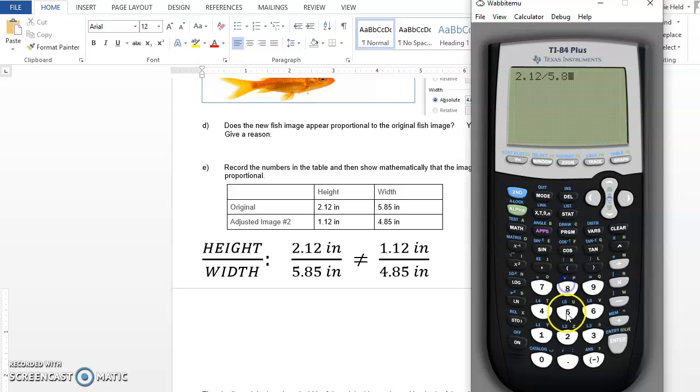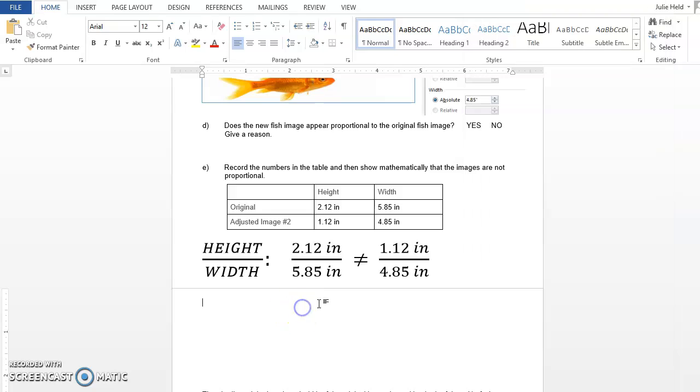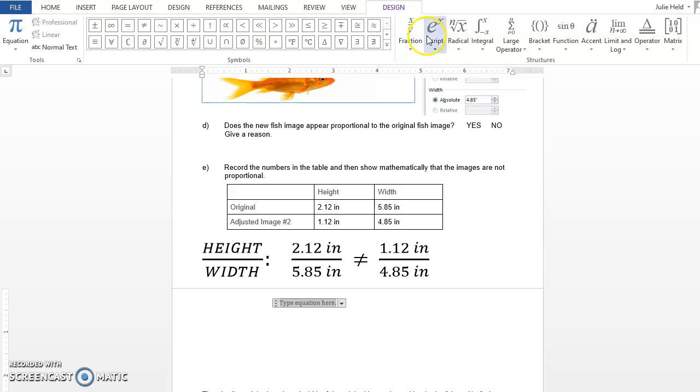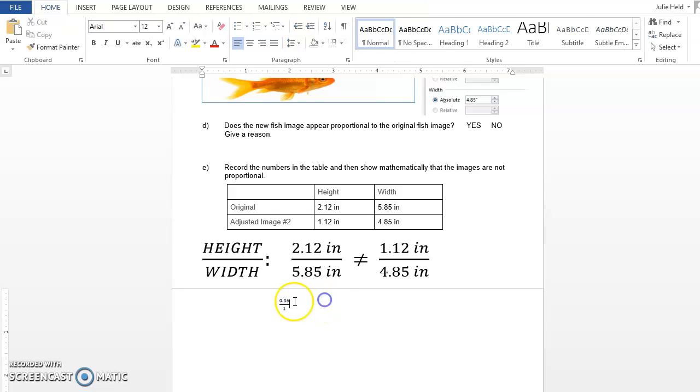I'm just finding the unit ratio. If you divide a ratio, you get it per 1. So now it's 0.36 to 1. Reducing that meant 0.36 to 1, or the decimal is 0.36.